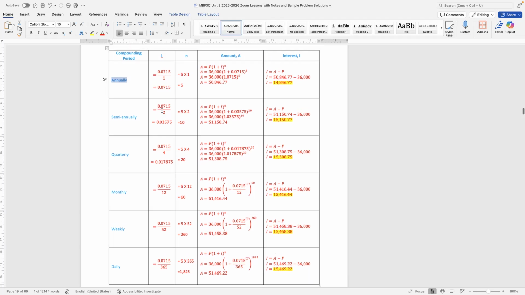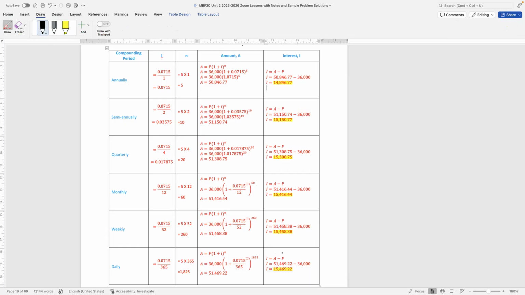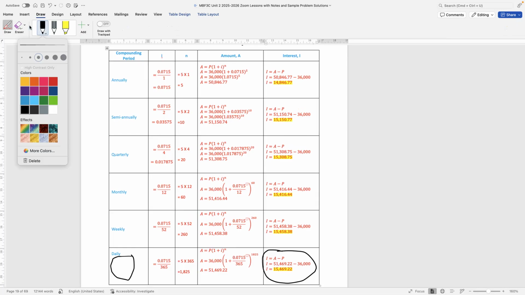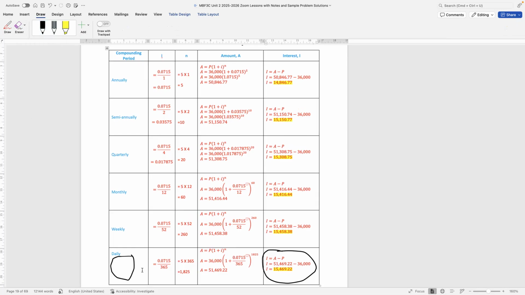But the problem we're given is which one would you choose? Because this is an investment, I will choose this one here, compounded daily, because that gives me the largest amount of interest. So that's where I'm going to earn the most.